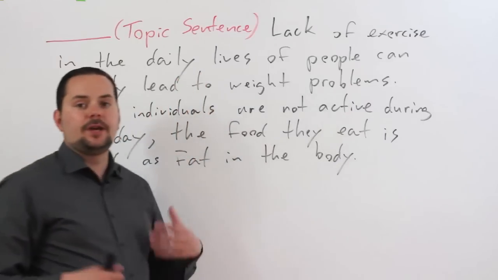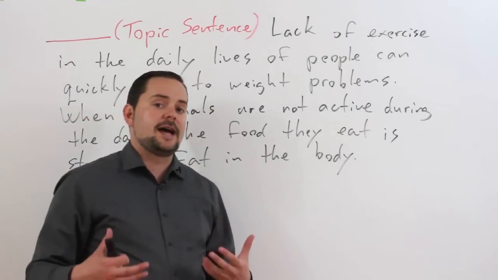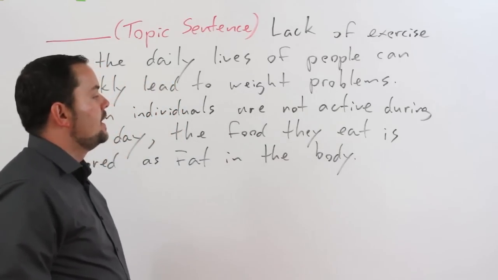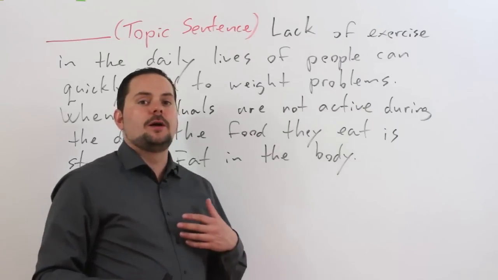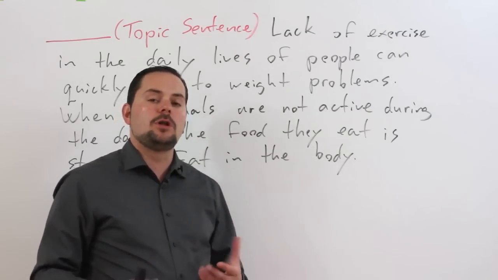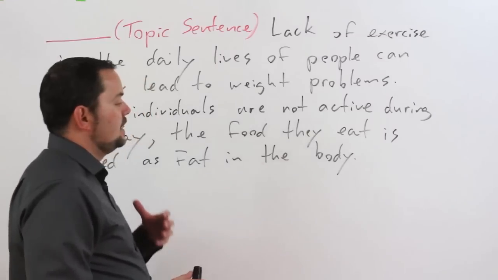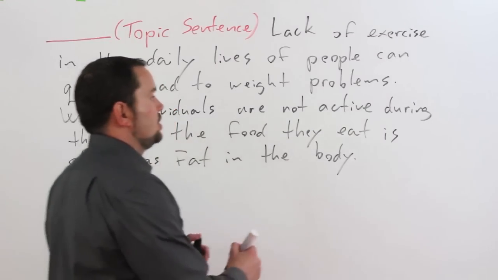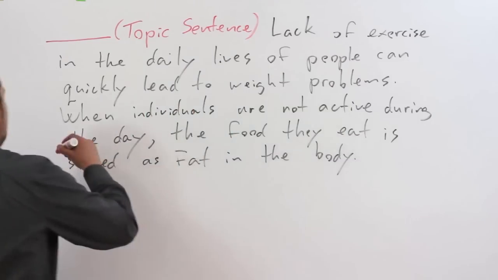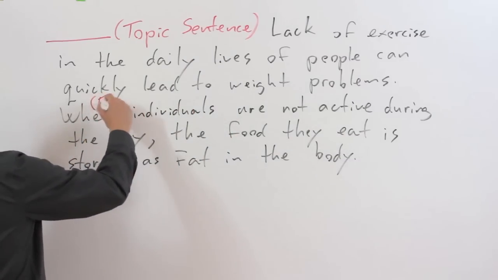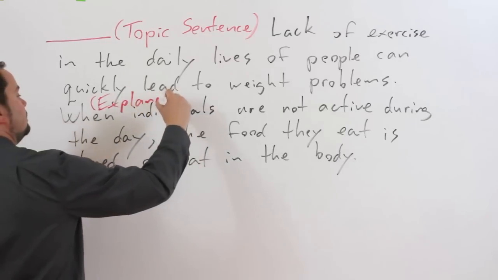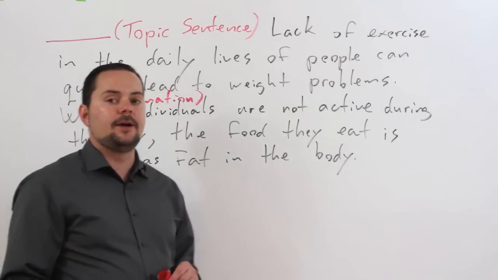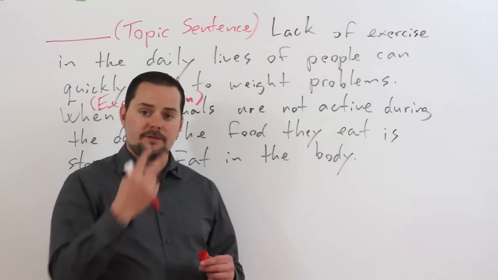Okay, so here we are giving the clear explanation of what happens, so why people become overweight when they're not physically active. And then, of course, we can give an example of this. So again, the example, so this that we just did here is the explanation. And then after you've explained your idea, please remember that humans are very visual.